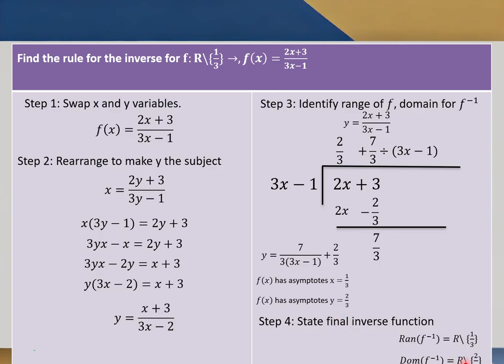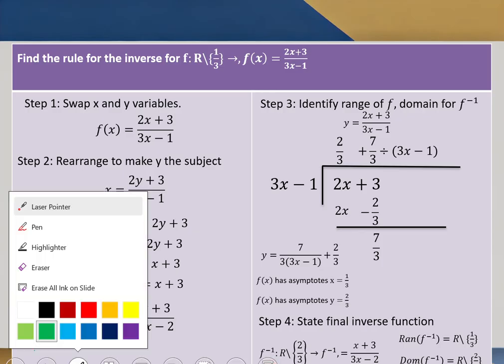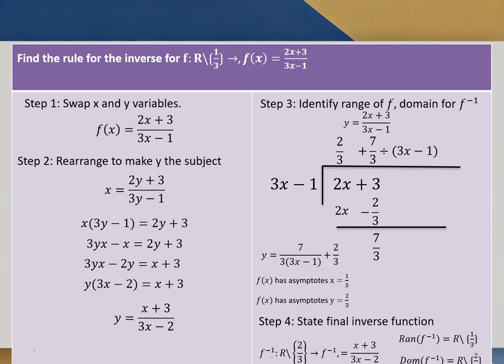This is now going to affect our domain because they switch. So we know our domain will be all real numbers except for 2/3. So I can rewrite it as f negative 1 is described by all real numbers except 2/3. Our inverse function of x is equal to x plus 3 over 3x minus 2.